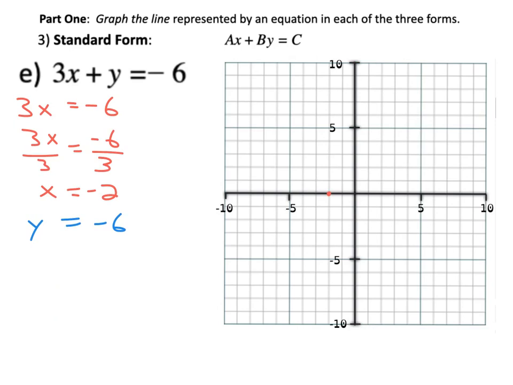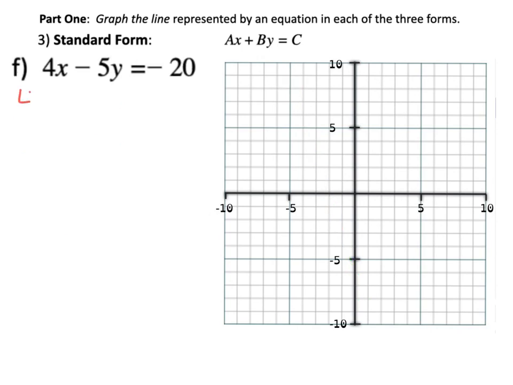That just says put a point on the y-axis at -6. Take our line tool, connect them, and done. One more to go.